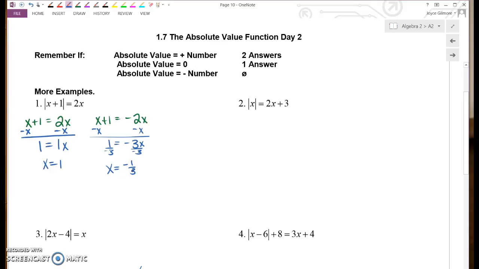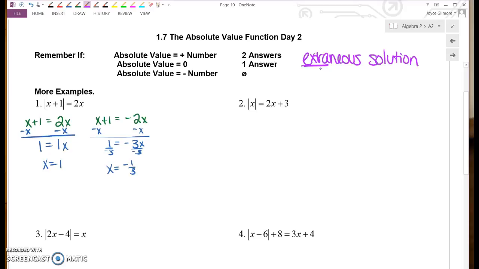When there's a variable on the right side of the equation, it brings the possibility of extraneous solutions into play. An extraneous solution, I'm going to write that up here. An extraneous solution is simply an extra solution.